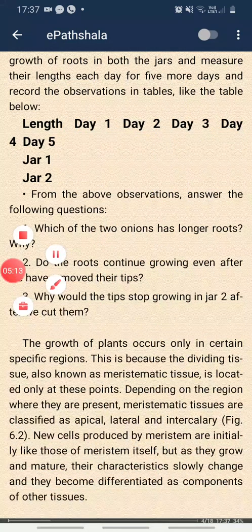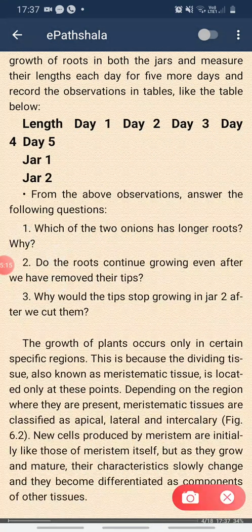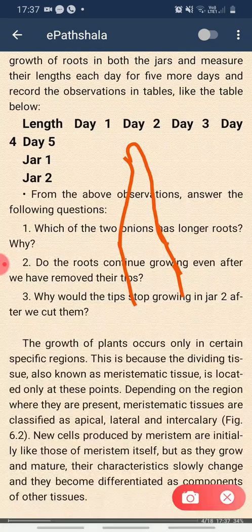Now if you take a plant, you will see the growth is not only in the root and the shoot portion like this, the width also increases. Suppose this is the tip, and here also it will keep on increasing. There is an increase on the lateral side also, right?